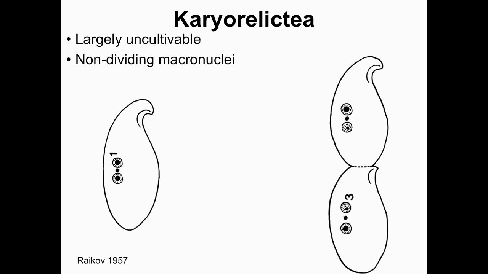Just to give you a simple example, if one Loxodes with 2 macronuclei and 1 micronucleus wants to grow to 2 Loxodes, each of the daughter cells also needs to have 2 macronuclei and 1 micronucleus.